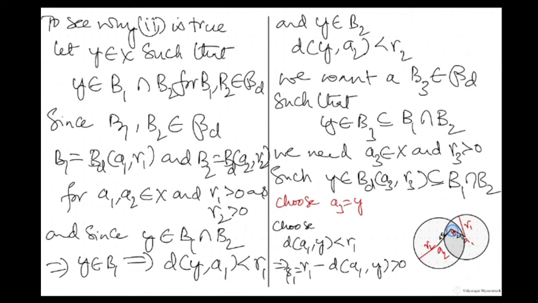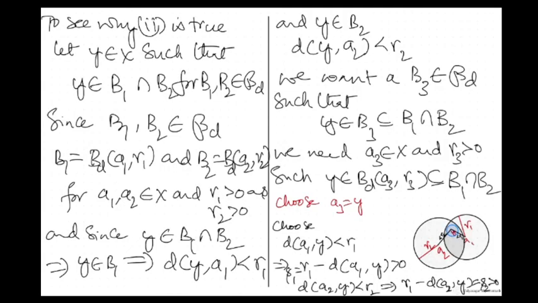Similarly, distance between a2 and y is less than r2. That would mean if I call r2 minus distance between a2 and y to be s2, this is certainly greater than 0. So I will choose my r3 using s1 and s2.